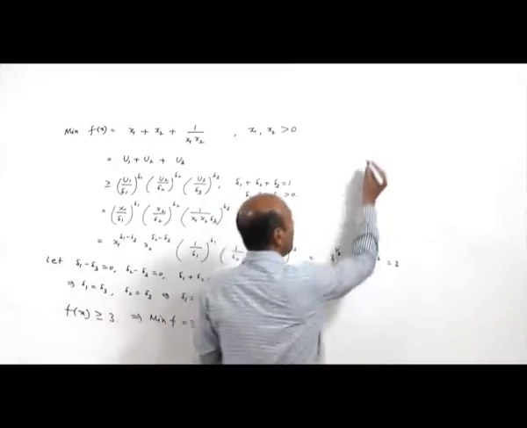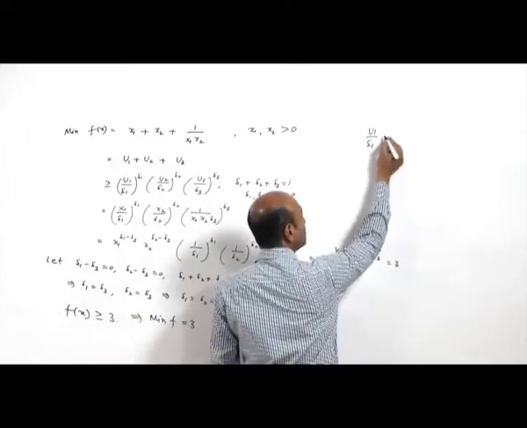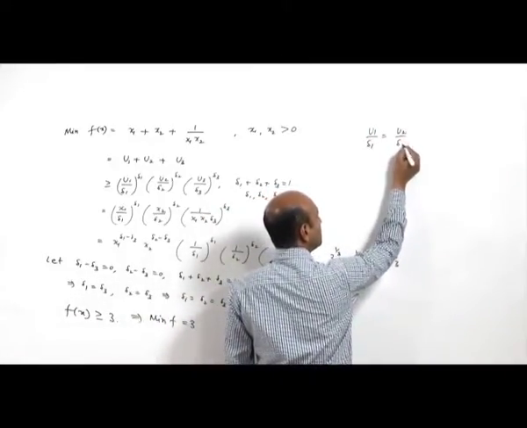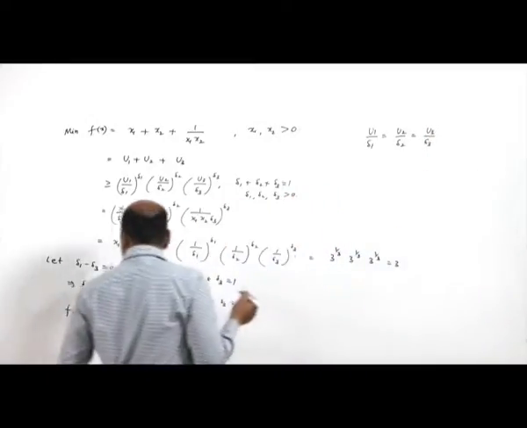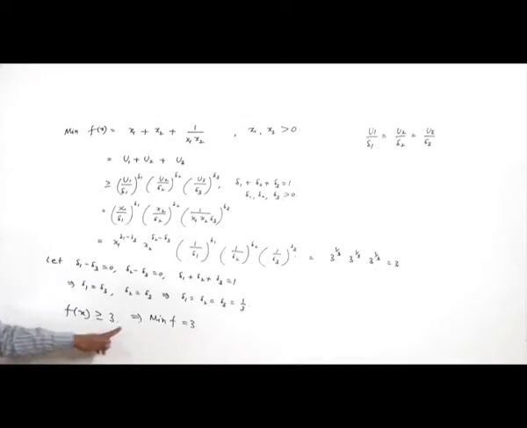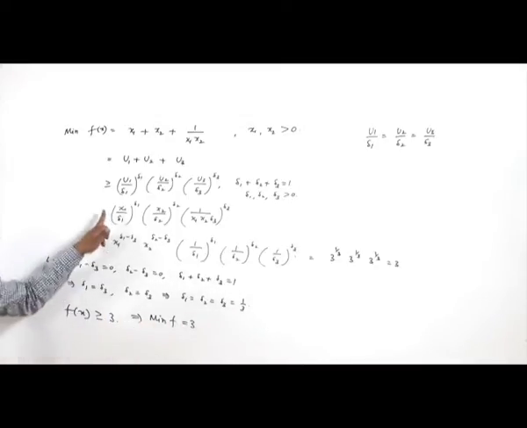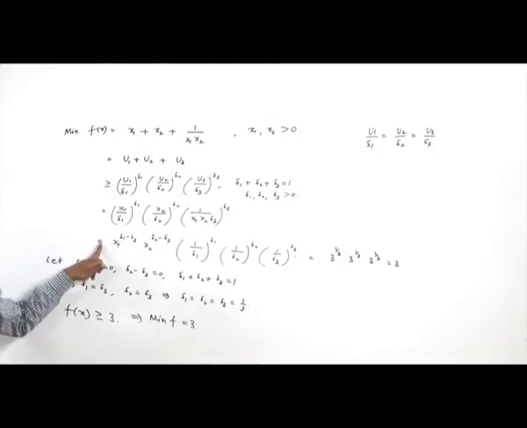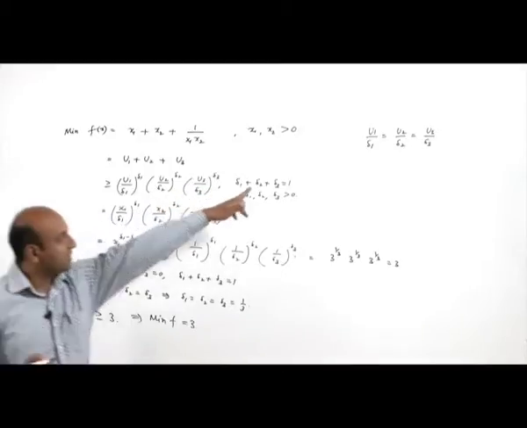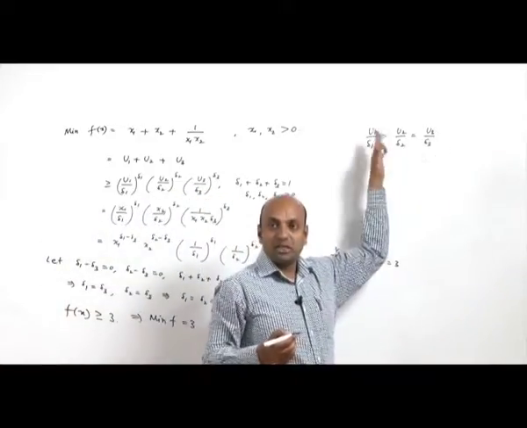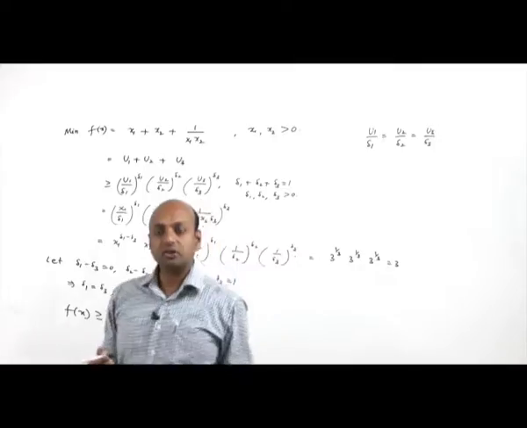So, the equality will hold when u1 upon delta 1 is equal to u2 upon delta 2 is equal to u3 upon delta 3. This equality we will use to find out the values of x1 and x2, because this is where we have the minimum value.